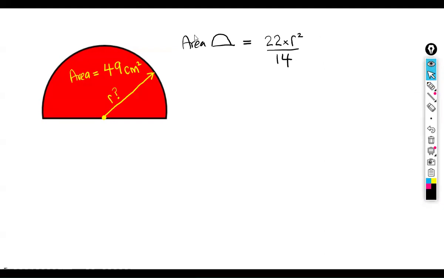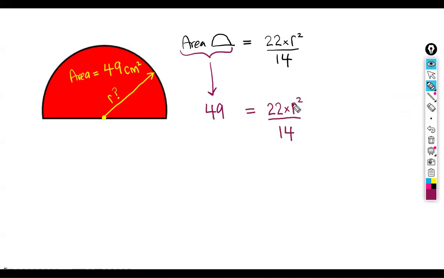So this question is just a substitution question. They gave you the area of the semicircle this time, so the area of the semicircle is 49. And the area of a semicircle is 22 multiplied by the radius squared divided by 14.